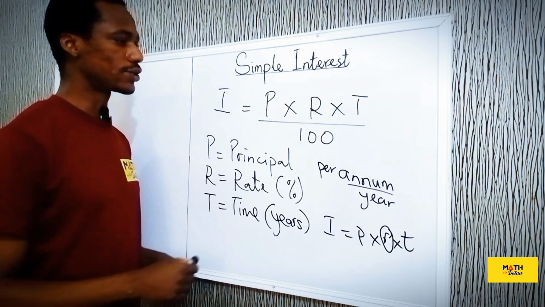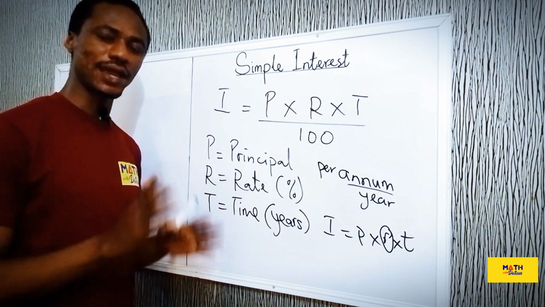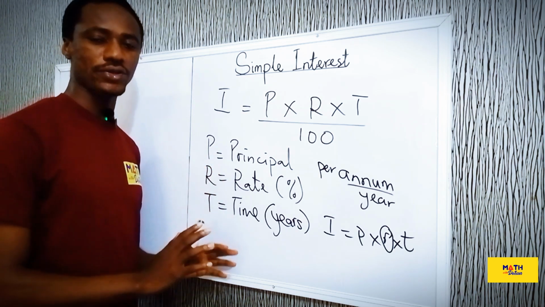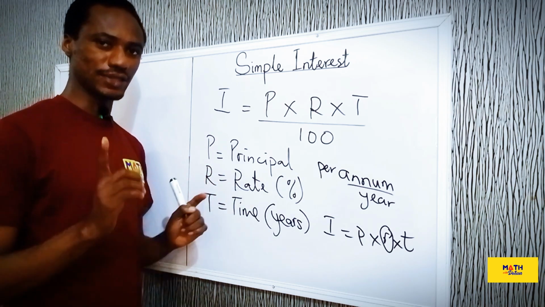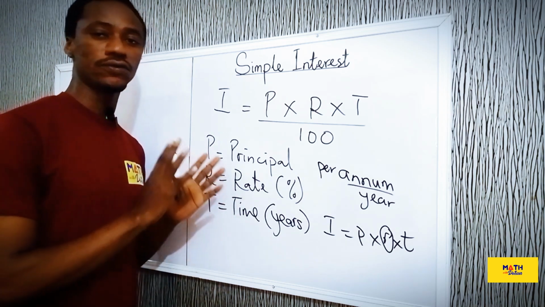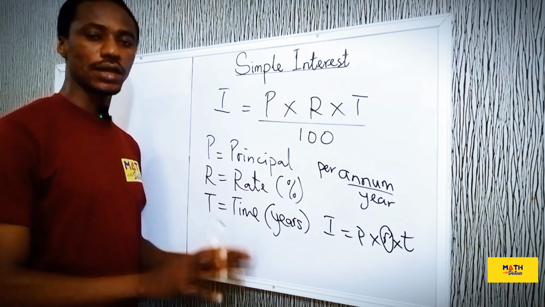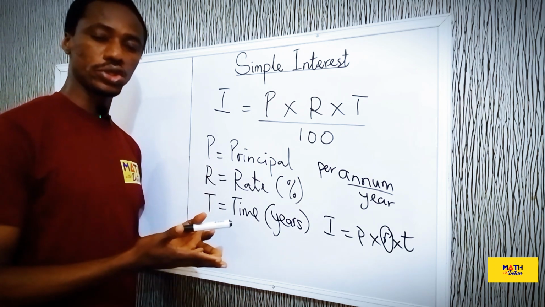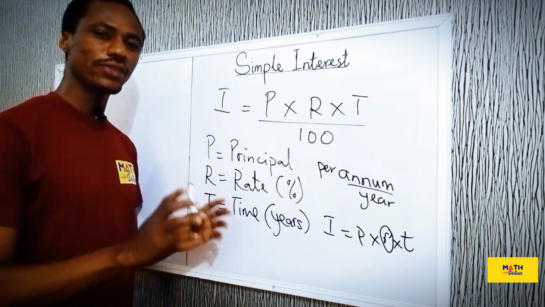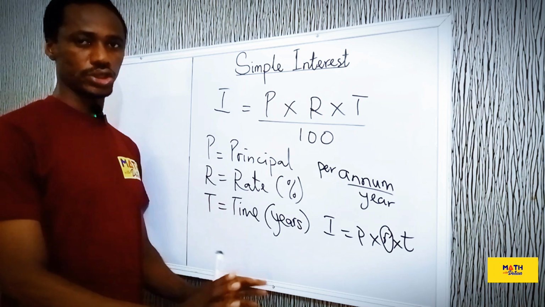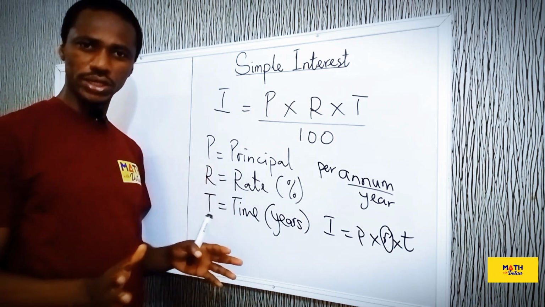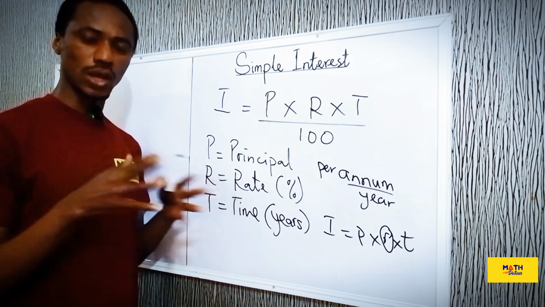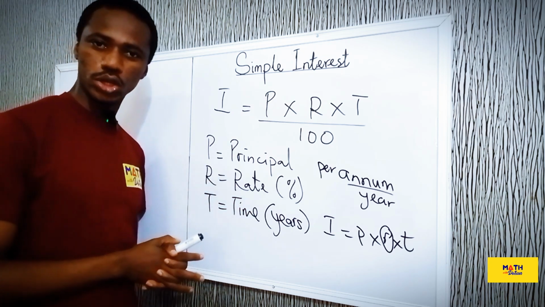One more thing I would like to mention. You remember I said I borrowed 1,000 naira and then I paid 100 naira as the interest. At the end of the year, I'm returning the money to the owner. I'm returning 1,100 naira: 1,000, which is the original money, and 100 naira, the interest. What do we call that?